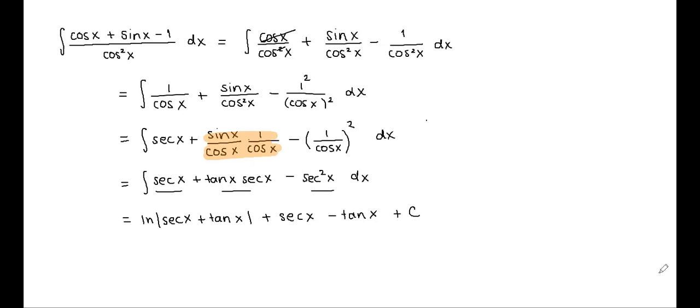So I'm going to give another problem. The technique is going to be very similar. You can try it on your own. That's going to be the integral of cosecant times cotangent minus sine of x, divided by sine of x times cotangent of x, with respect to x.